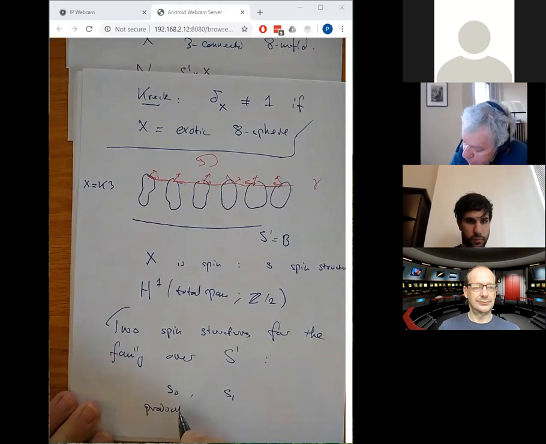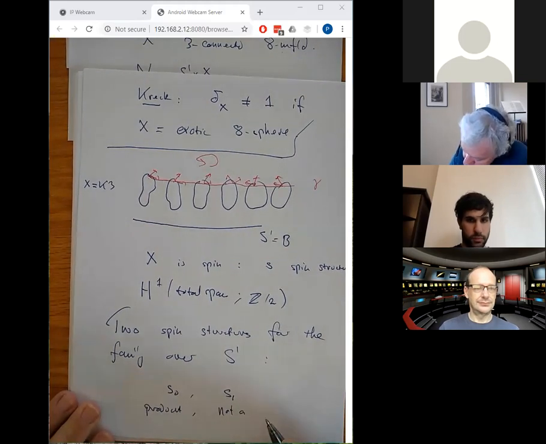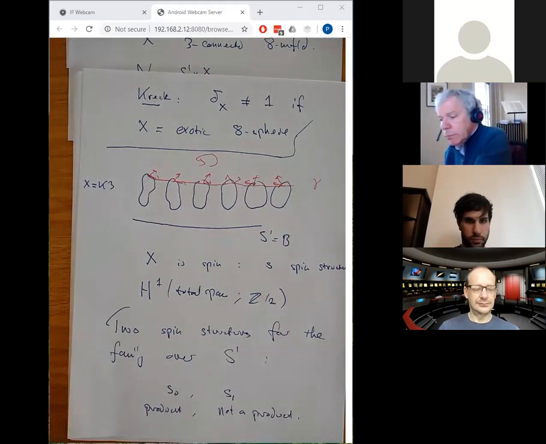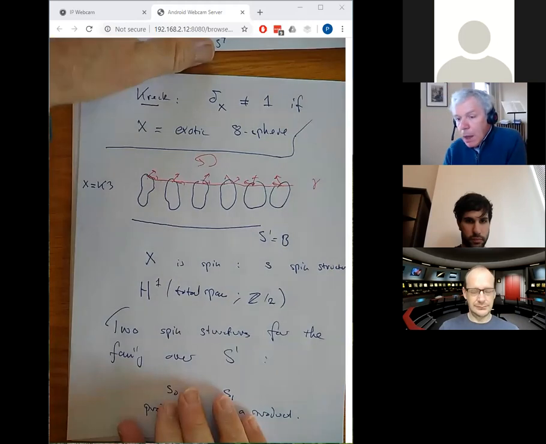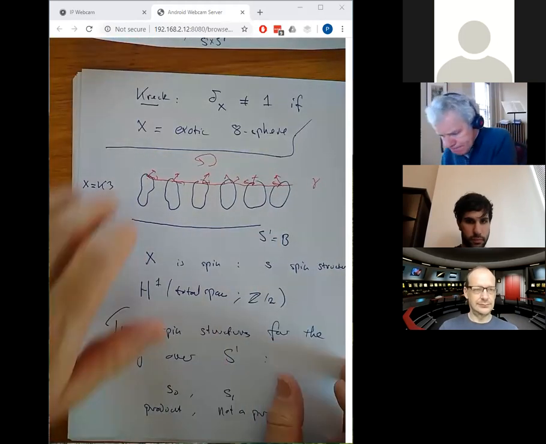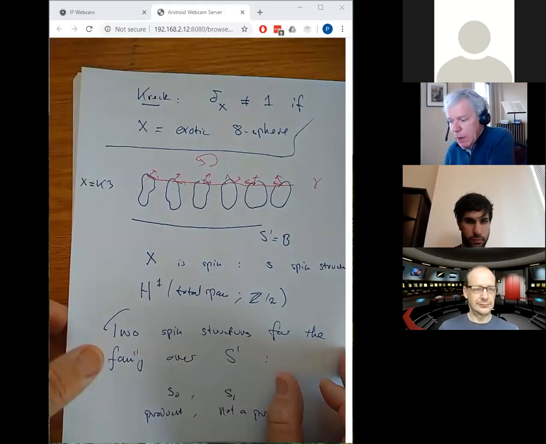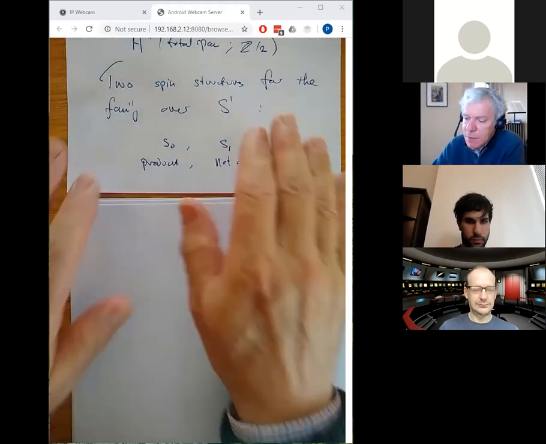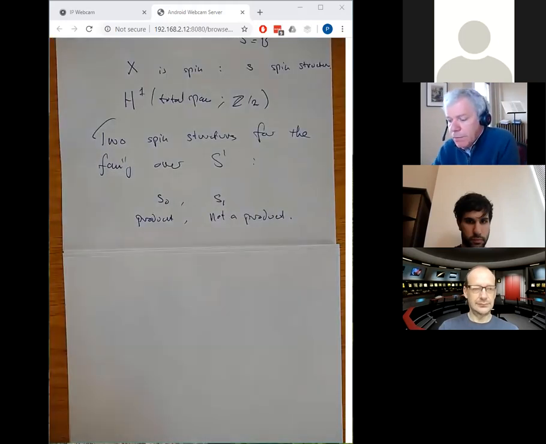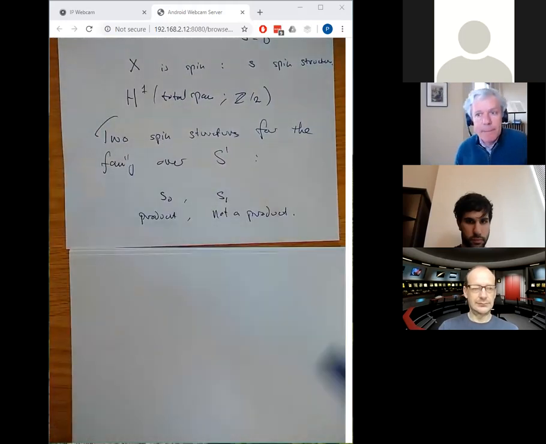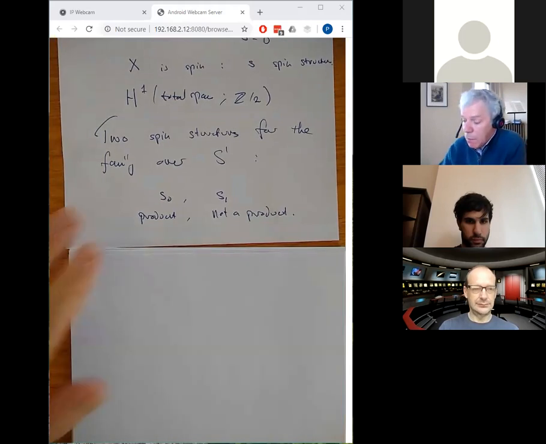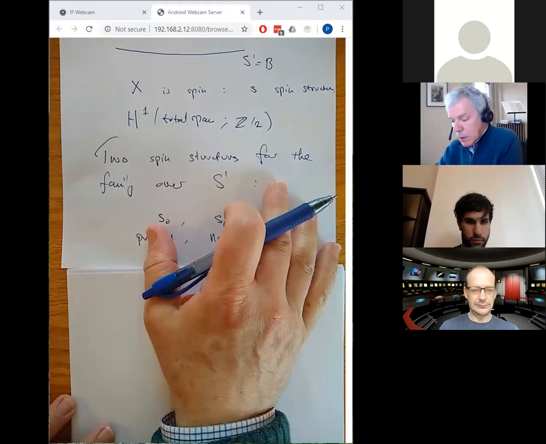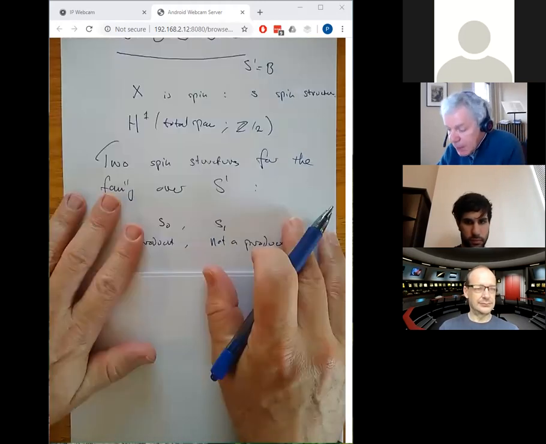This is the product, and this is not a product. A spin structure is exactly what we need to set up the Seiberg-Witten equations. And a family of spin structures on a family of four-manifolds is what we need to set up the Seiberg-Witten equations on a family of four-manifolds. We could use spin C structures, but I'm here thinking about just the spin case.